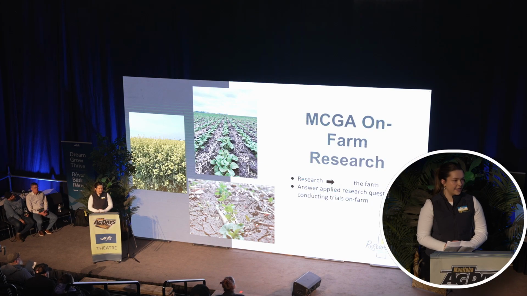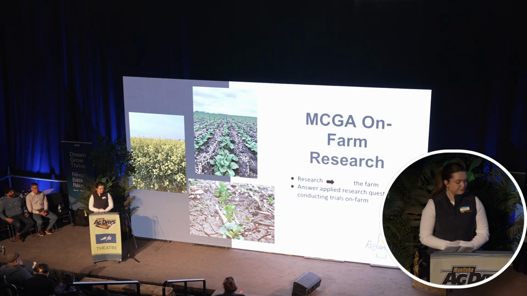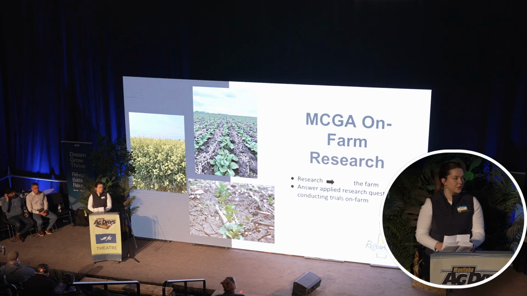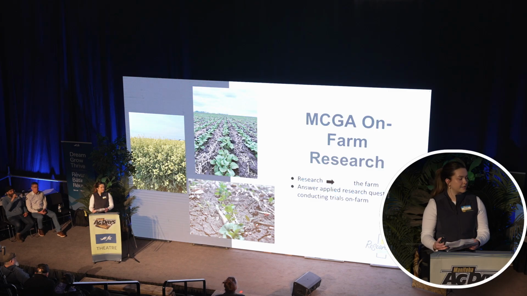Now, the question stands, how do we take all of this important verticillium research and make it useful for farmers? By conducting trials directly on farms across Manitoba, we can evaluate new and improved production practices under real-world conditions that reflect the diversity of soils, climates, and farm operations that growers actually see day to day.